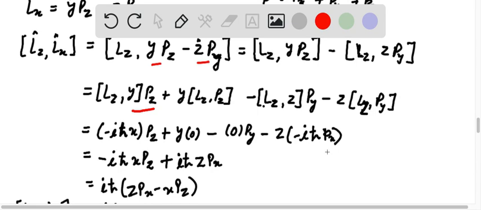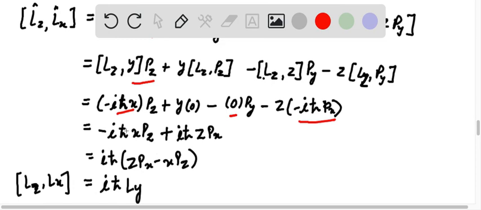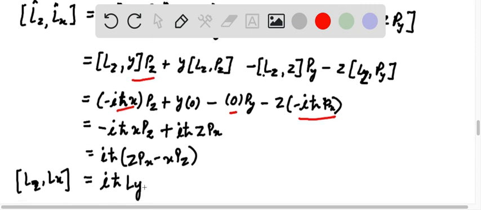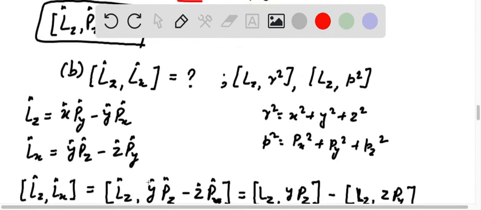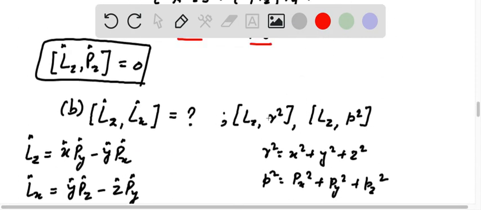These results were determined in part A, these values are already calculated. Now this value is minus iħ x pz plus, minus times minus gives plus, iħ z px. Now this will be iħ (z px minus x pz), and this is nothing but the value of Ly.